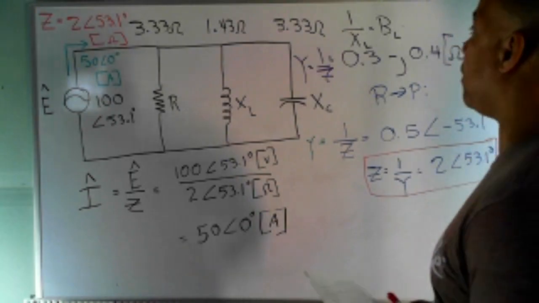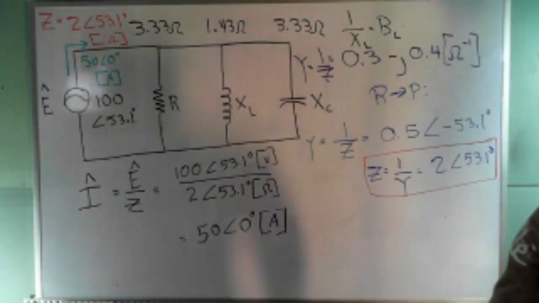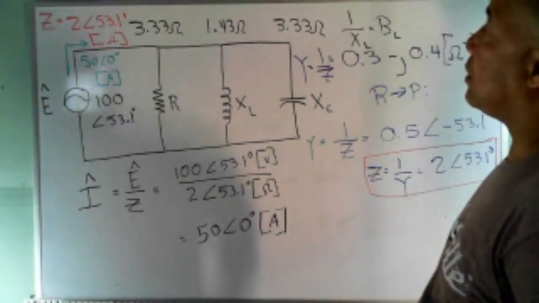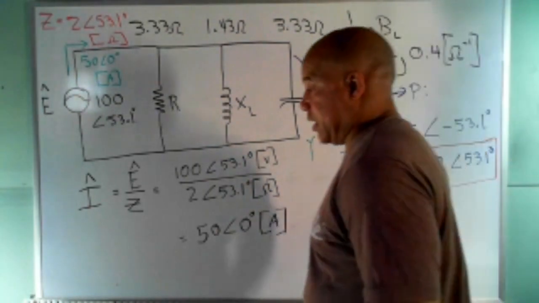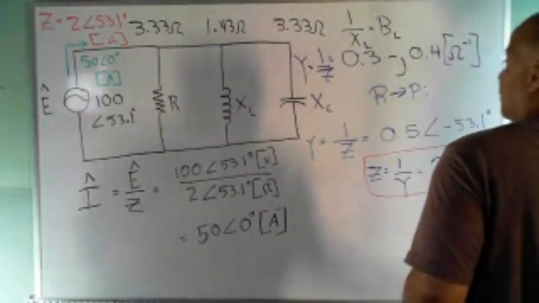Okay, well, the polar will be easy. Then we've got to convert it over to rectangular. So the branch currents here, there's 3 branches.